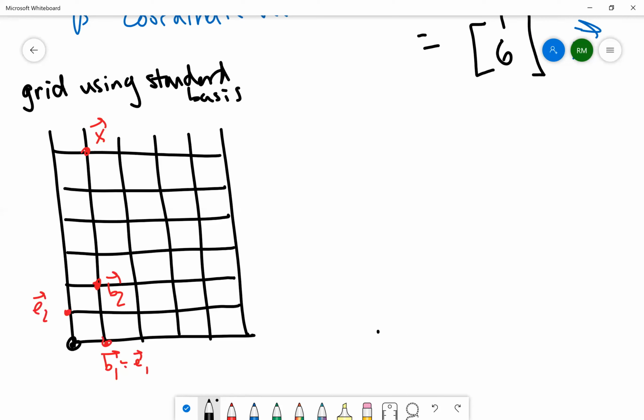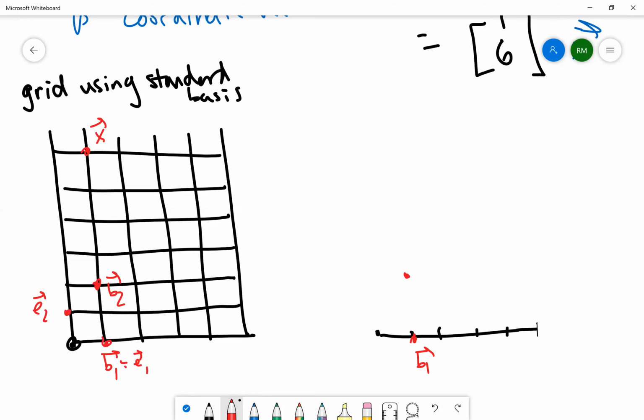Okay, but that's not the only way to represent the grid. So let's look at a different grid that you might not be as familiar with. So here we still have the vector b1, and we know that b2 should go somewhere roughly right here.